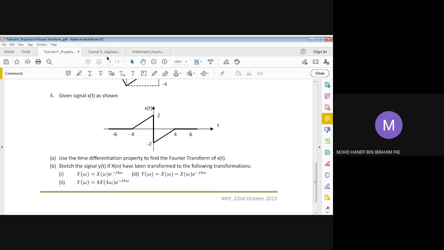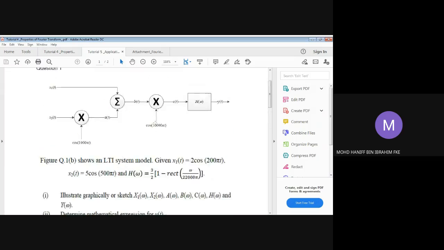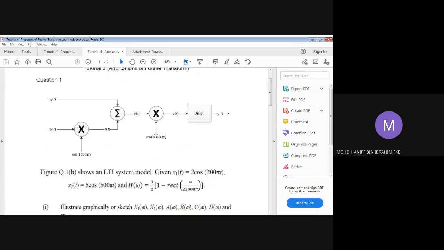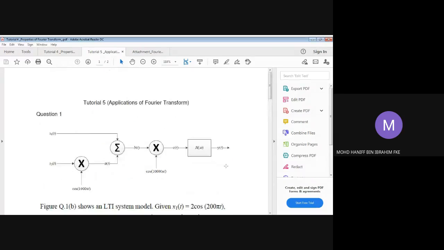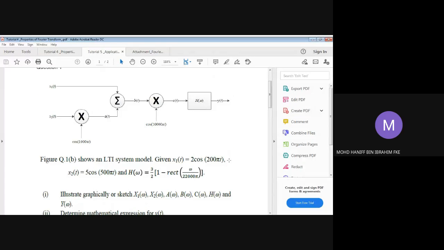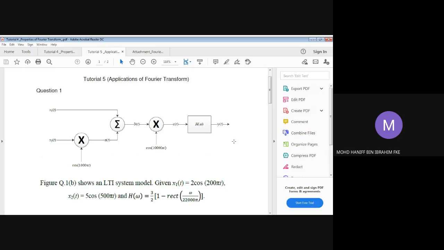I shall now proceed with tutorial number 5. I think you have been given these tutorial questions, which are on the application of the transform. Basically, it's just 2 questions, and both of them are previous test and final exam questions.